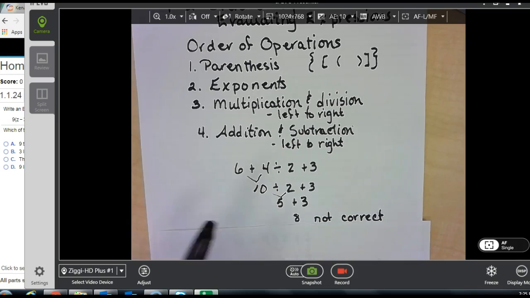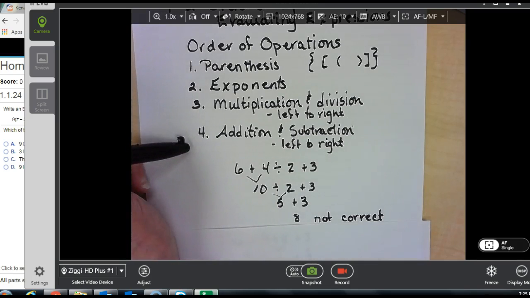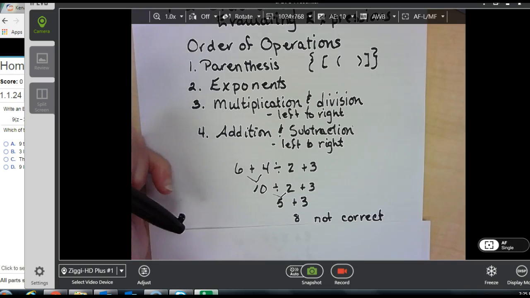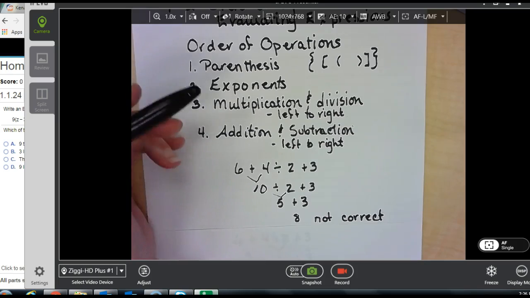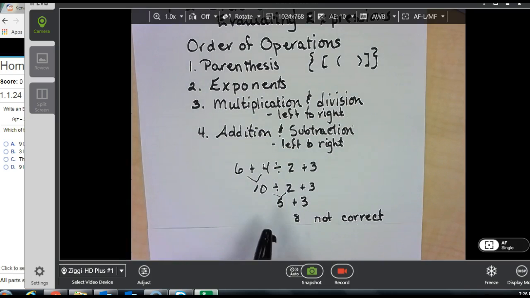But that's not correct because I didn't follow the order of operations. It looks great. It probably makes sense to you since we read from left to right. But if we do this, we could end up with different answers depending on how we look at the problem, and that's why we have to follow the order of operations.